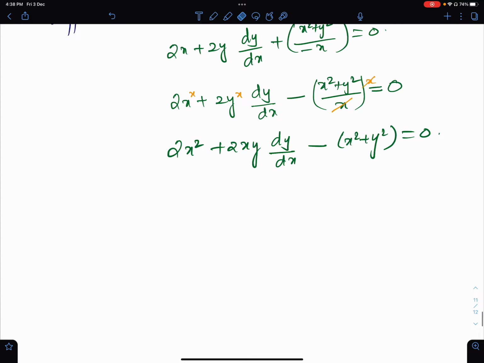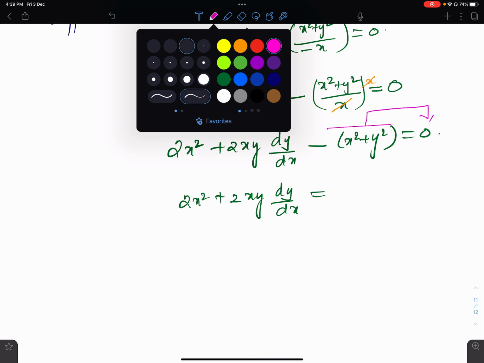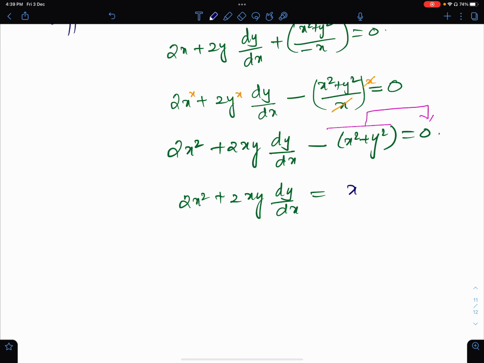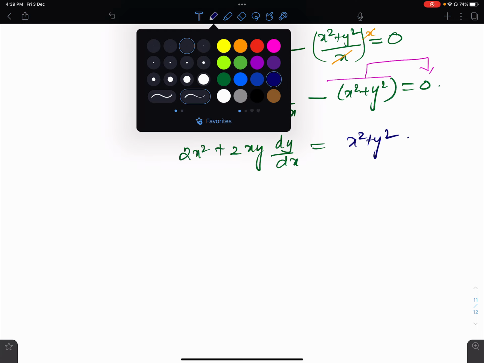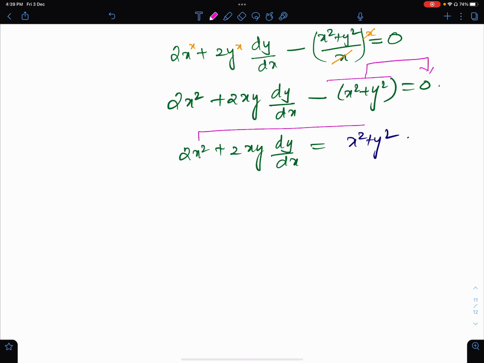Now what can I do? Take this term to the other side. You will get x square plus y square. Don't forget, there is one more 2x square, so take that to the other side.